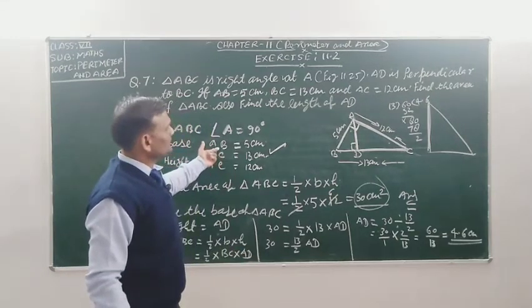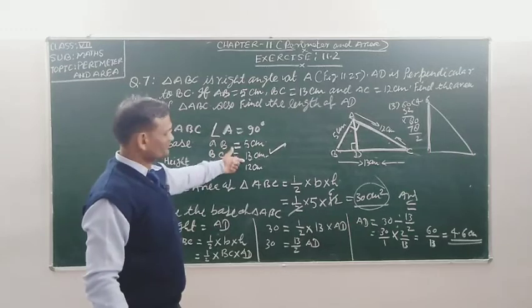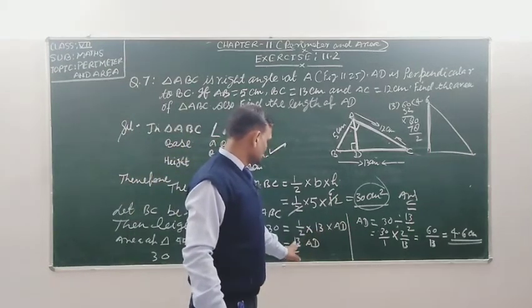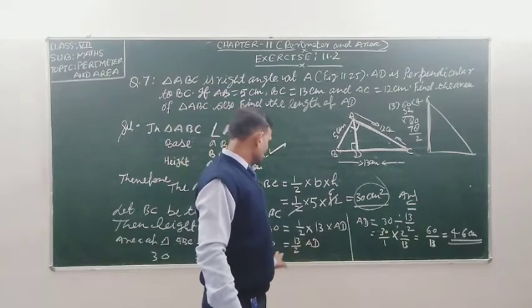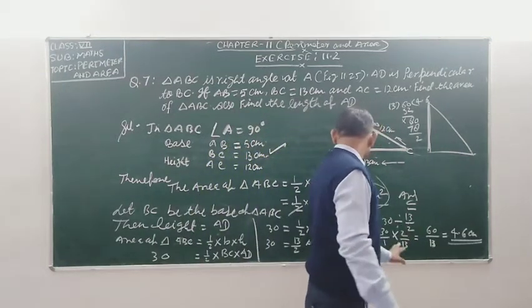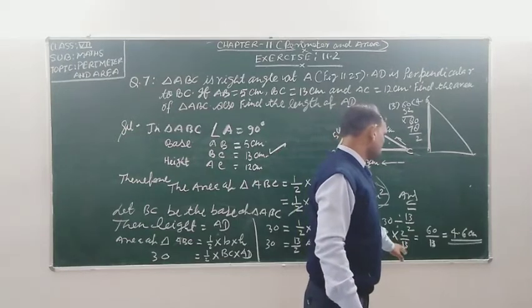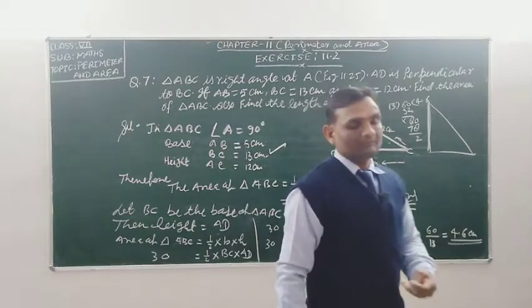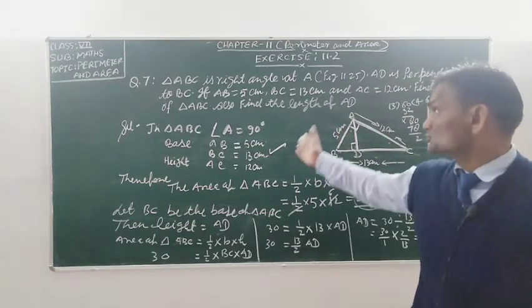BC is given 13 centimeter. So you will write 13 in place of BC, and you will divide 30 by 13/2, that is multiply by 2/13. At last you will get the length of AD. I hope you have understood this question very well.